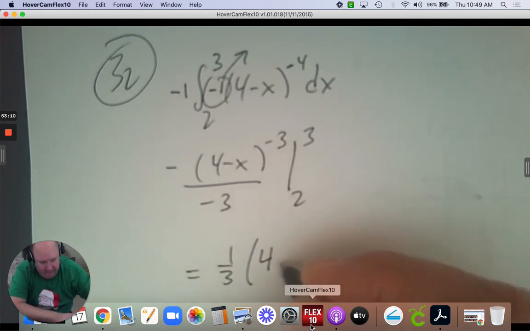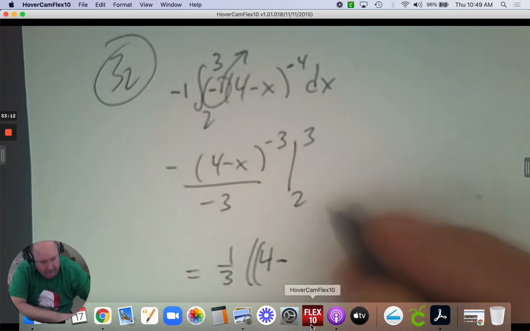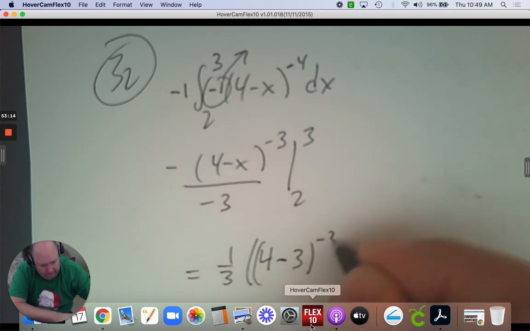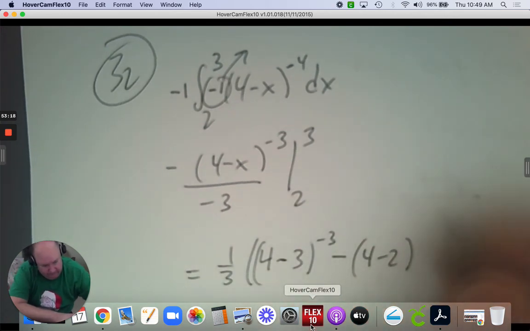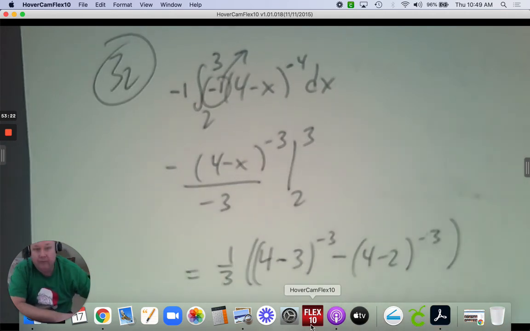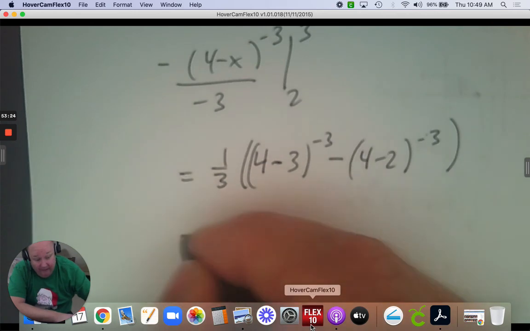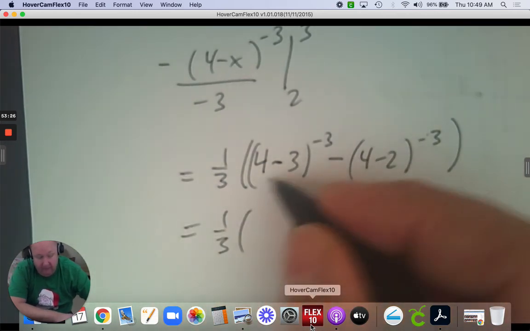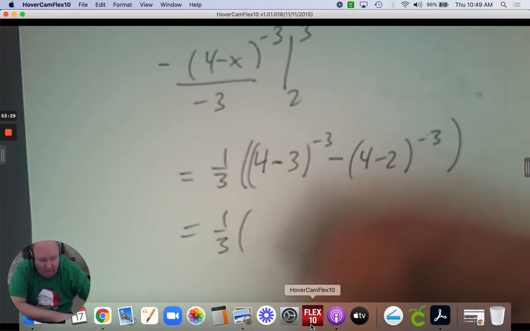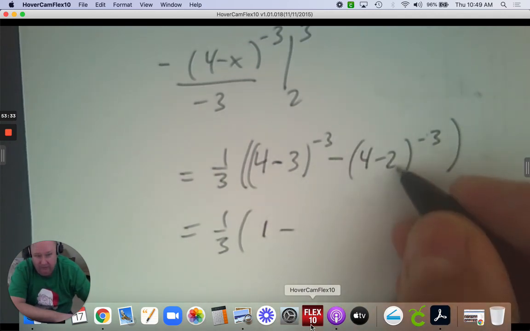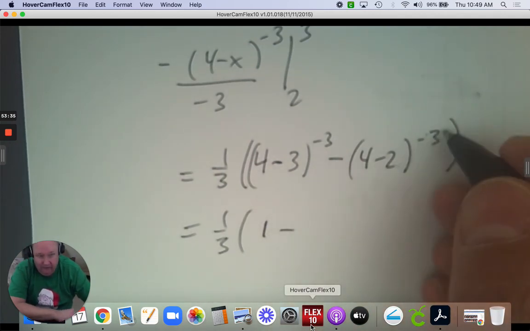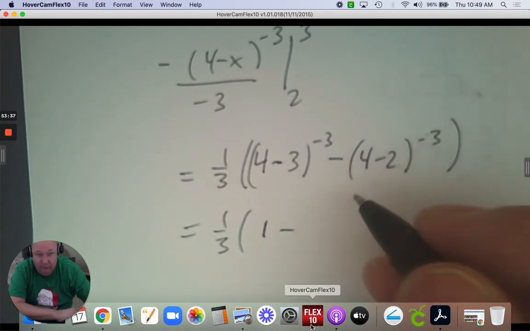And then I plug in 3, subtract, plug in 2, and you have your answer. If you wanted to simplify it for fun, 4 take away 3 is 1, and 1 to any exponent is 1. 4 take away 2 is 2, and 2 to the -3, well, 2 times 2 times 2 is 8.